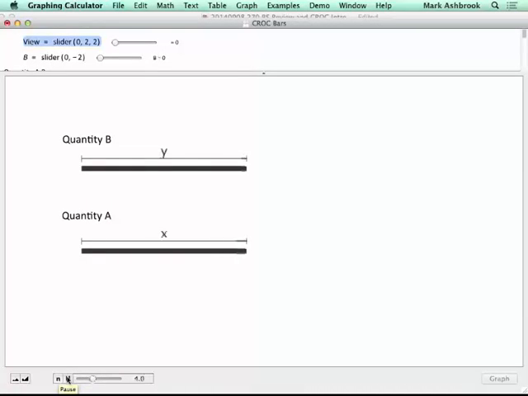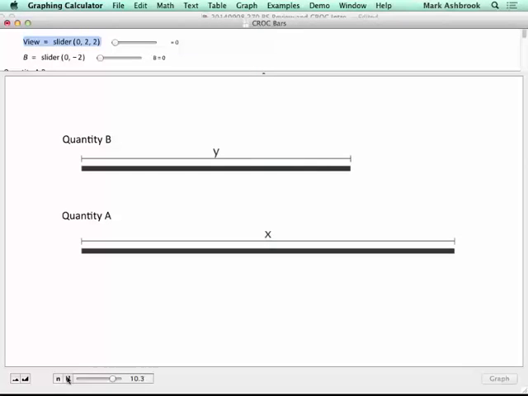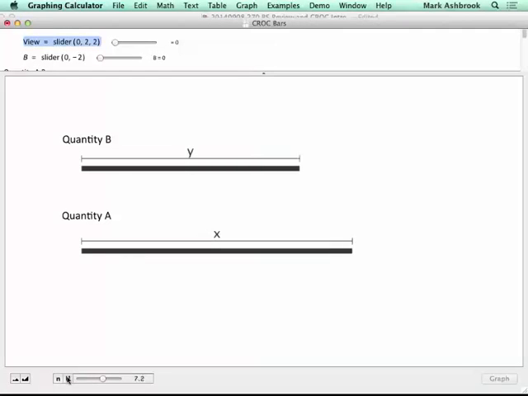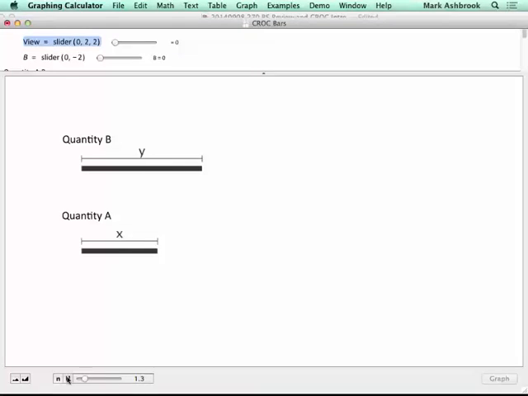Okay, so what's different about this than the previous example? Okay, but talk about relative size. What if you're talking about relative size? What's going on here? Relative size.